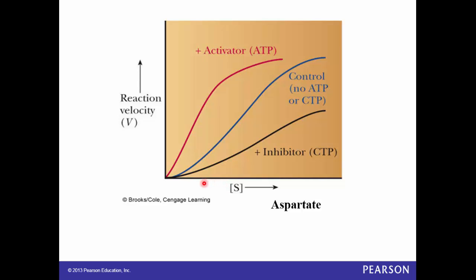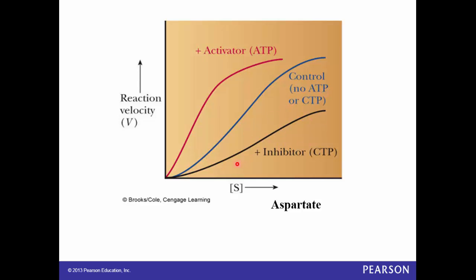Now, when we plot the reaction velocity versus substrate concentration, in this case aspartate, as I showed you in that reaction, we find it gives us a sigmoidal type of curve. As you can see here, we have a sigmoidal type of curve. In this case, no ATP or CTP.